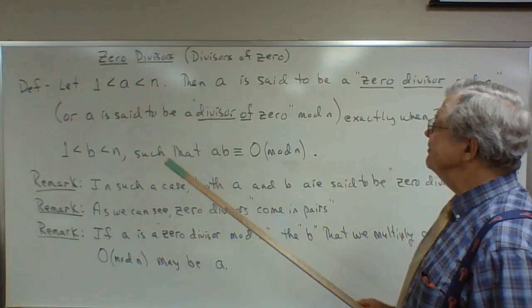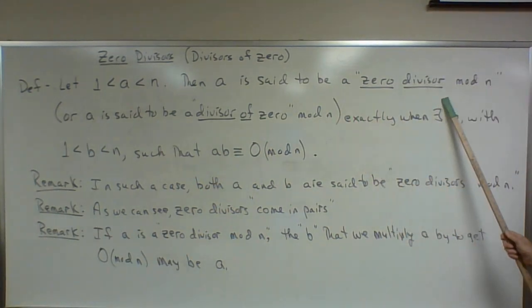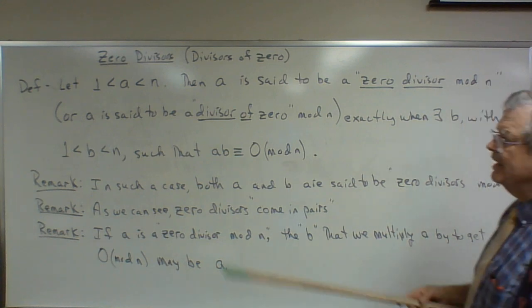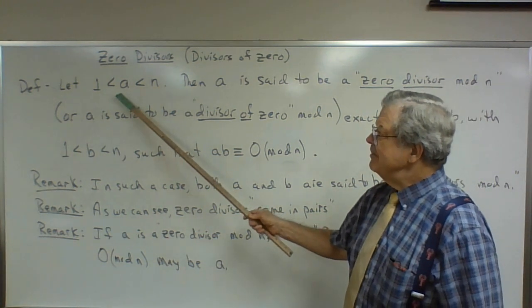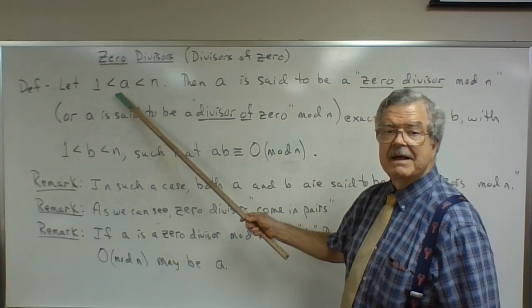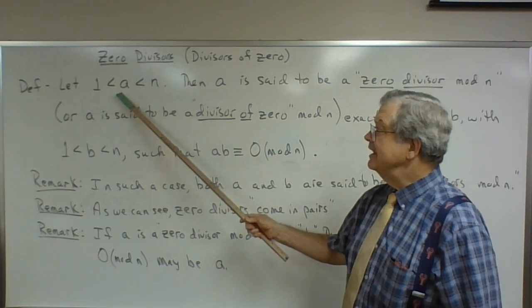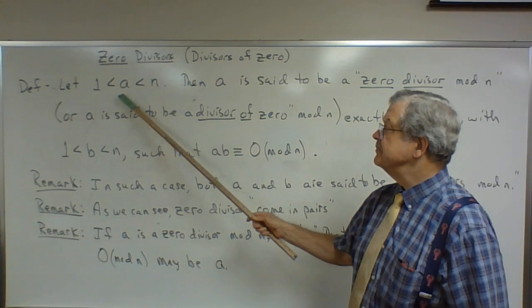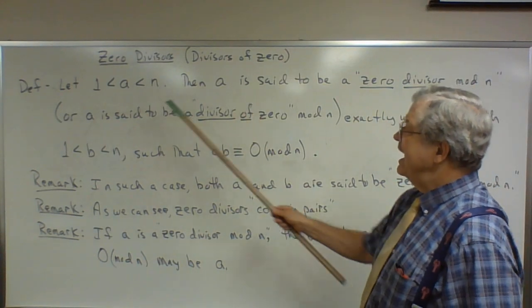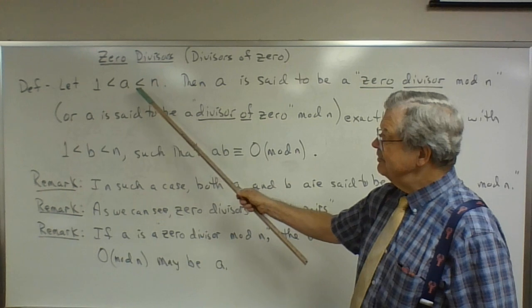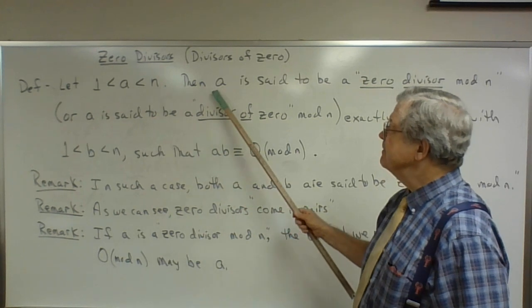And here's the definition of zero divisor mod n. Let a be a number between 1 and n, and notice that a is not equal to 1, and it's not equal to n. A is strictly greater than 1, strictly less than n.